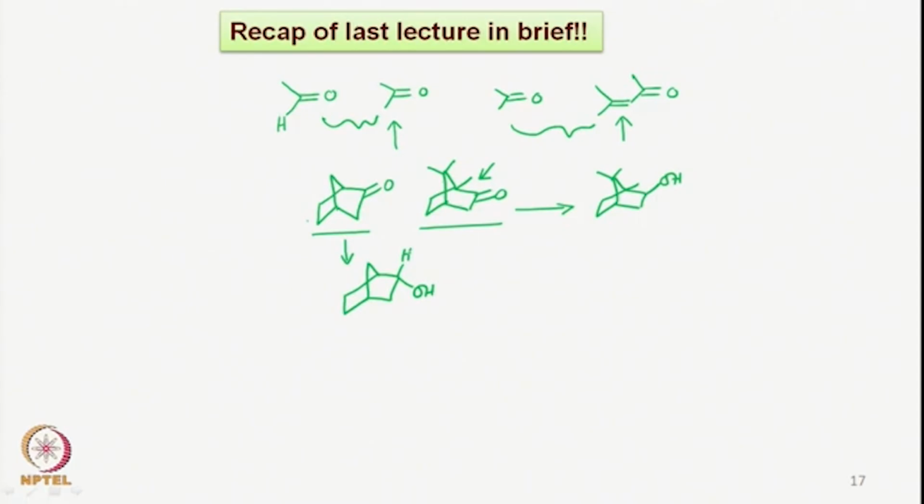Then towards the end we used lithium borohydride as a reducing agent. We tried to see how lithium borohydride compares with sodium borohydride and lithium aluminum hydride. We found that lithium aluminum hydride is a stronger reducing agent compared to lithium borohydride, which is stronger than sodium borohydride.